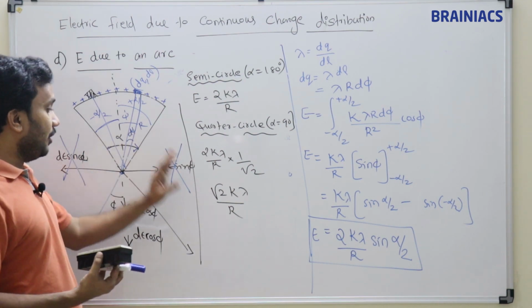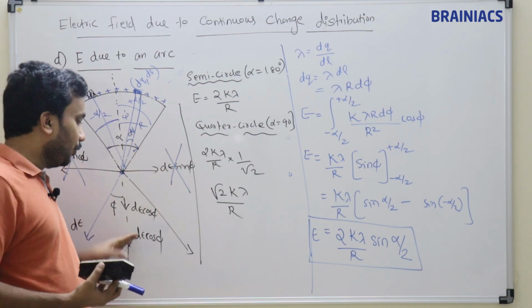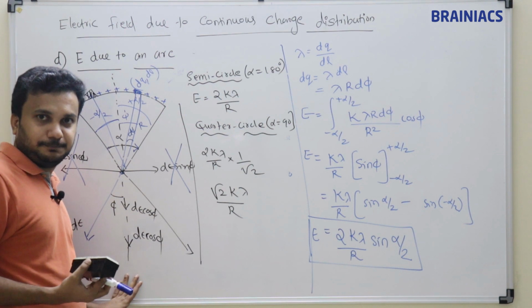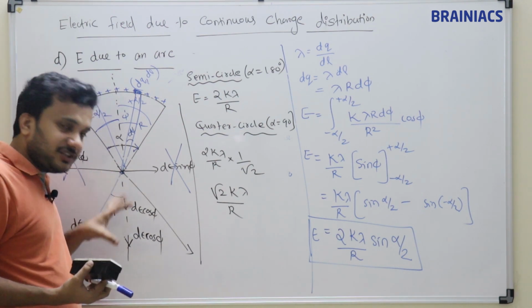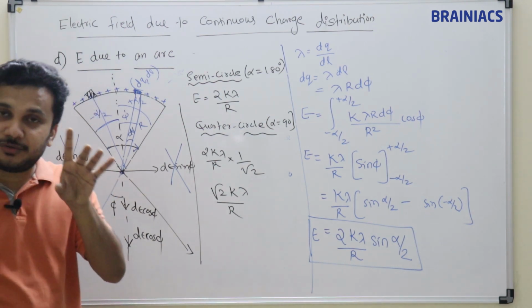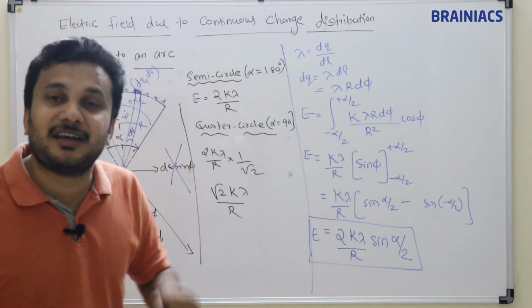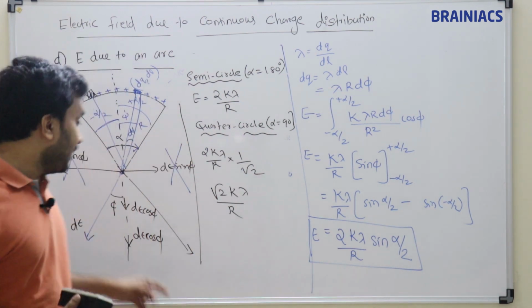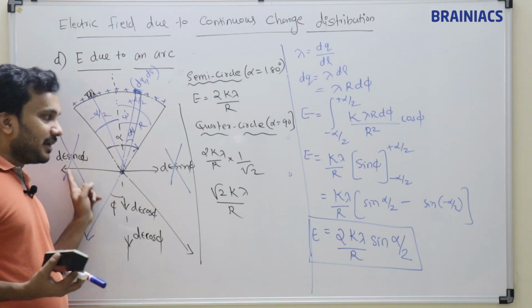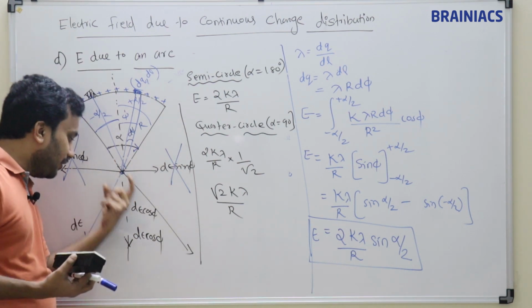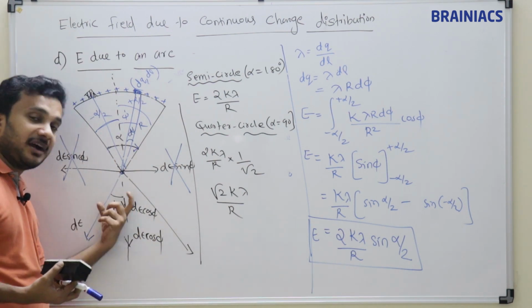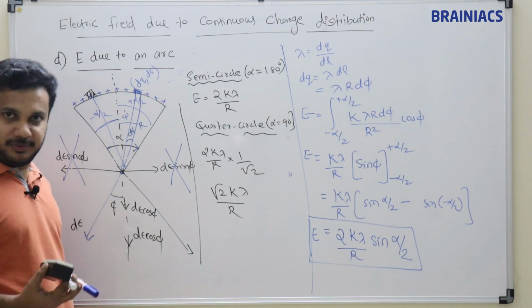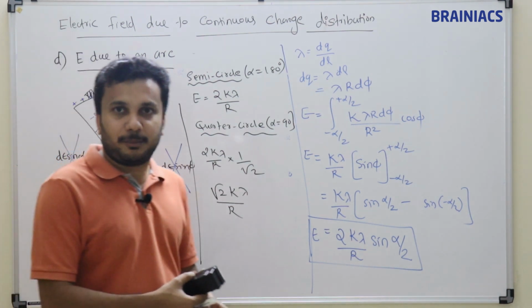From this logic, you know it is in the minus y direction. But based on this logic, it's hard to predict the direction of the electric field for a quarter circle. From this one, we have cancelled out the x component. We have only the y component, or I can say minus y component or minus j component. So you will answer minus j component, right?